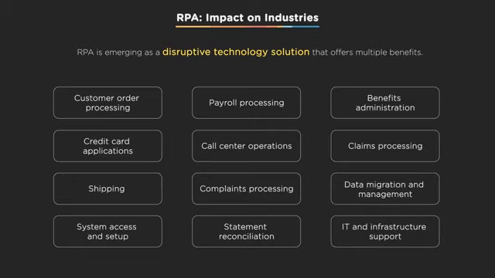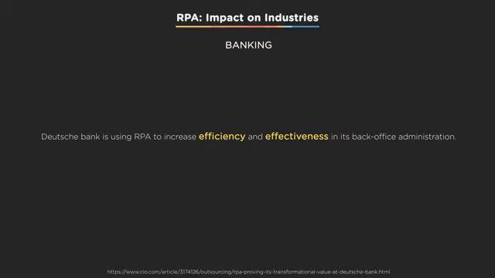Let's discuss examples of a few organizations where RPA has provided meaningful solutions to facilitate the transformation. Banking. Deutsche Bank is using RPA to increase efficiency and effectiveness in its back-office administration.